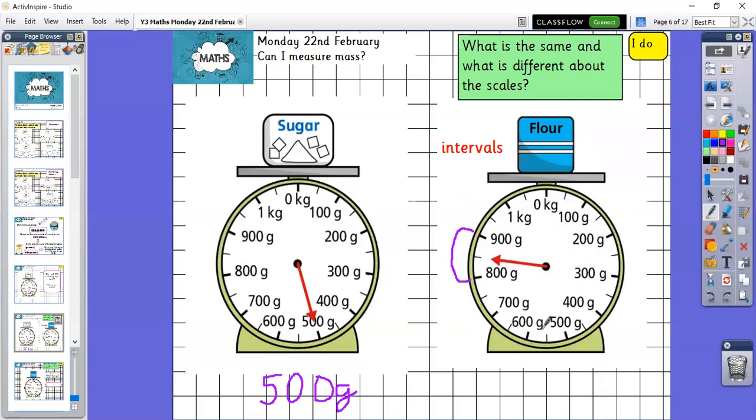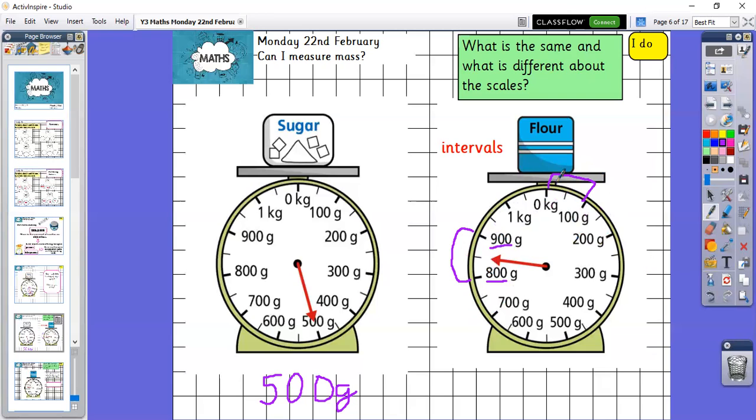So what can I tell from this? Because of where the arrow is pointing, I can tell that it's more than 800 grams. I can tell that it's less than 900 grams. And in fact, if I have a look here, this interval is directly in between 800 and 900. So what I need to be thinking about is what is the number that is in between, say, 0 and 100, or 100 and 200.